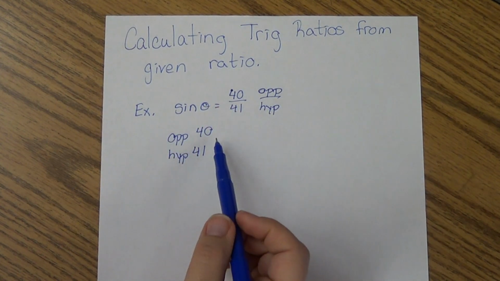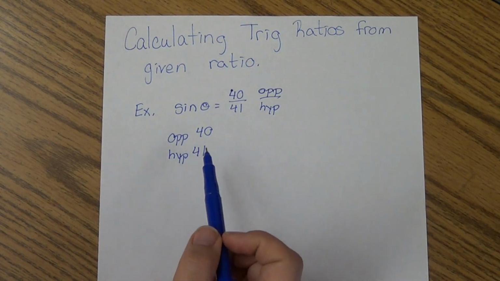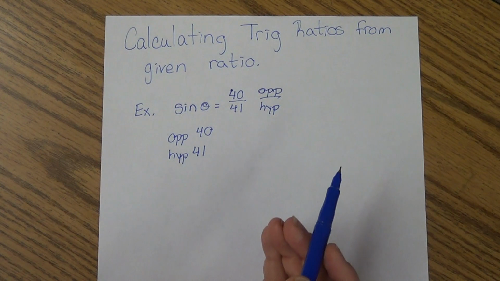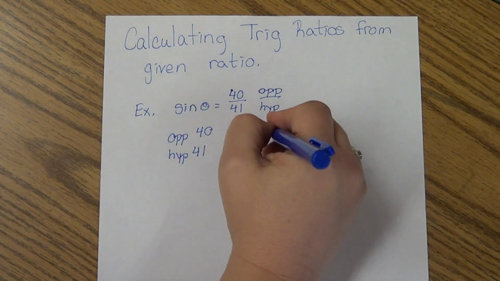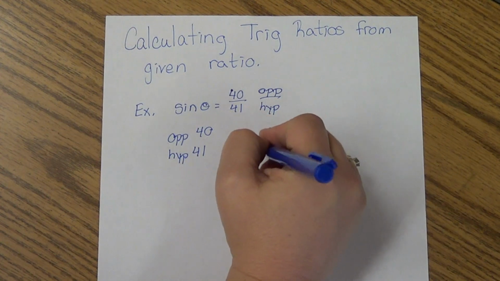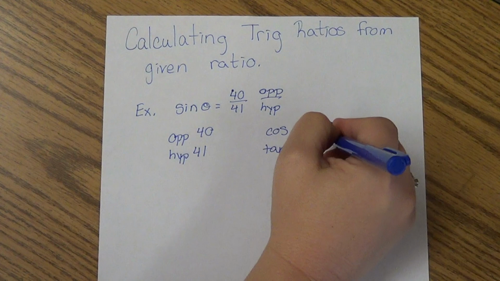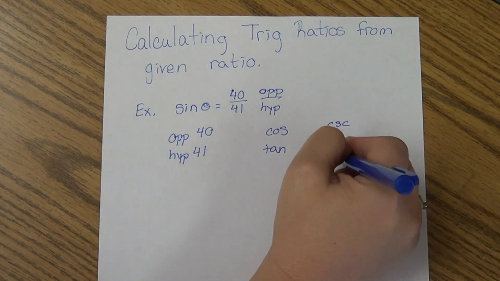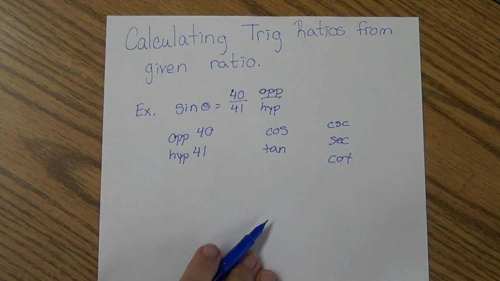Now, it could have also been multiples of these that reduced to 40 over 41, but we really don't care because everything else would have had to reduce also. So if we want to find the other 5 trig ratios, we've got cosine, tangent, cosecant, secant, and cotangent, then we need to find the third side of our triangle.